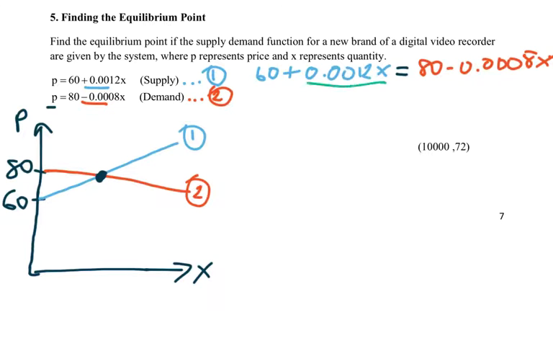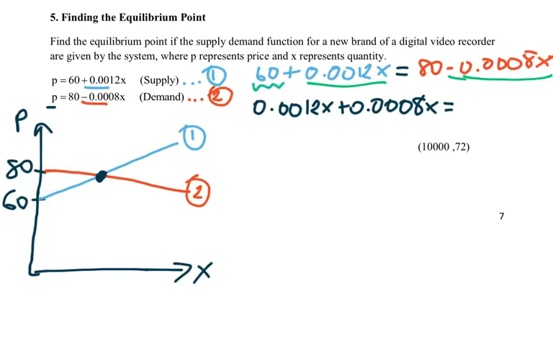So what we'll do is combine the like terms here. We've got 0.0012x on the left, and this one here for x as well on the right hand side. We're going to add them together, so we'll have 0.0012. Be careful with the number of digits here. We're going to add 0.0008x, and on the right hand side we've got 80, and we're going to be subtracting 60.